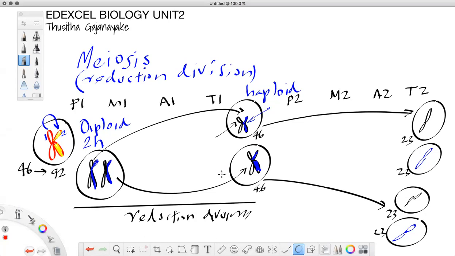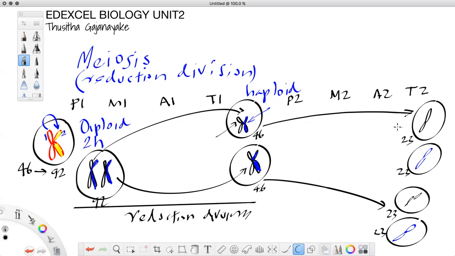Number wise, it seems not that useful to understand, because 92 after duplicated chromosomes becomes 46 and 46 at the end of the division. We don't see a reduction. And here we see reduction, 46 becomes 23.